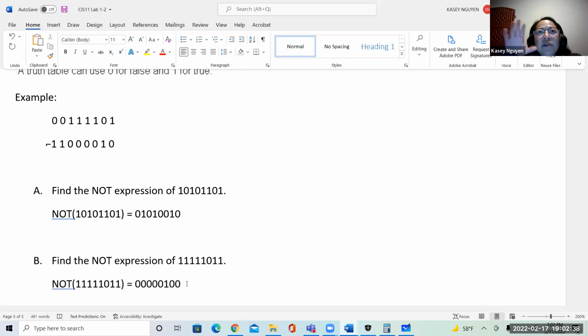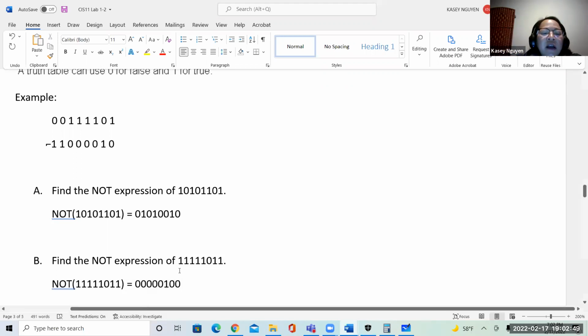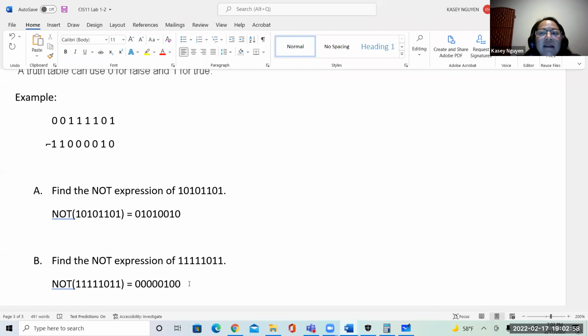And that's important to remember because in CIS-7, sometimes when I go over this, the students just go through and do the process, but are not understanding why that one was added. When you add that one bit, it's simply used to hold the negative sign.